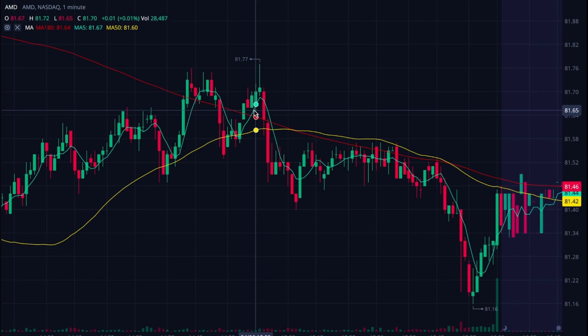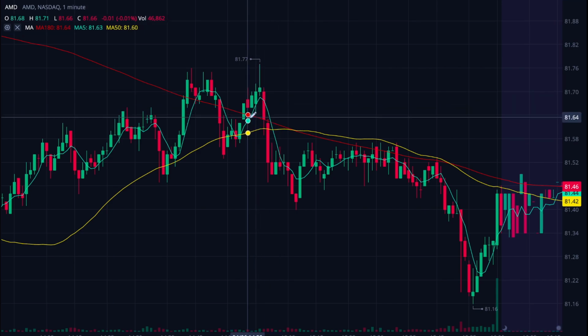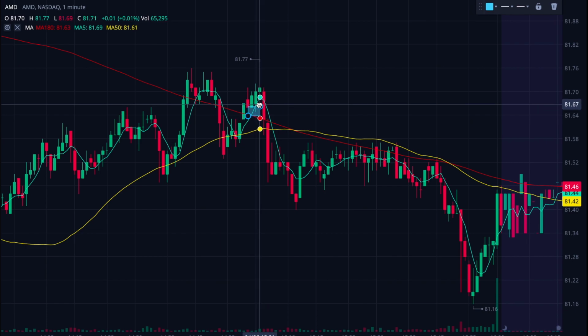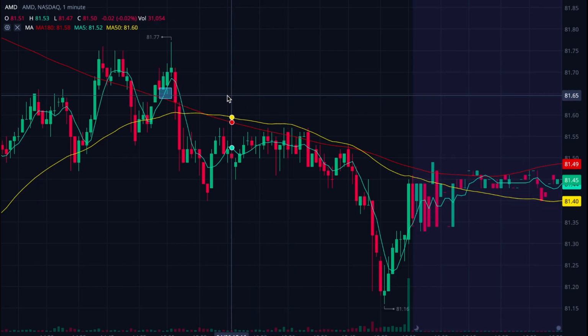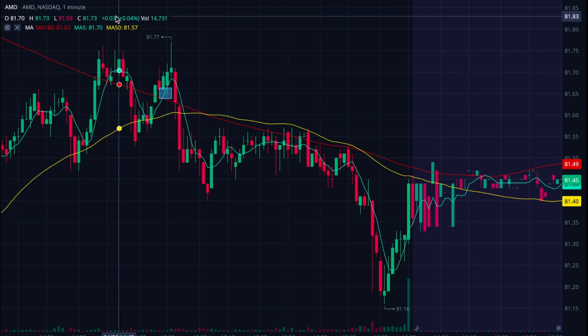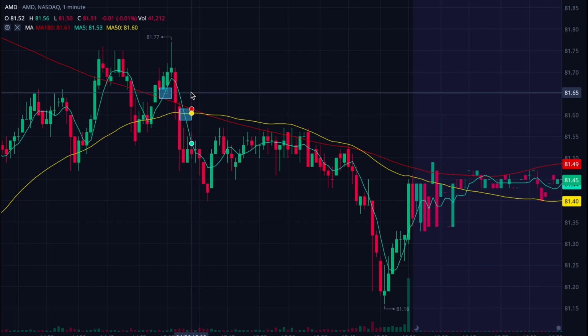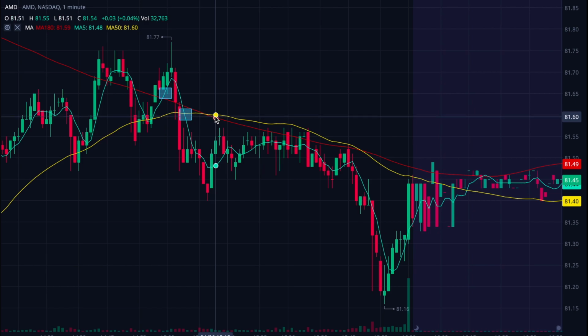And so you would have taken a position, right about here. Right about here. And then you would have waited for your green to cross off your yellow in order to cut your loss or take your profit, which here you would have bought in, say maybe around 81.65, and then you would have been stopped out at about 81.60.